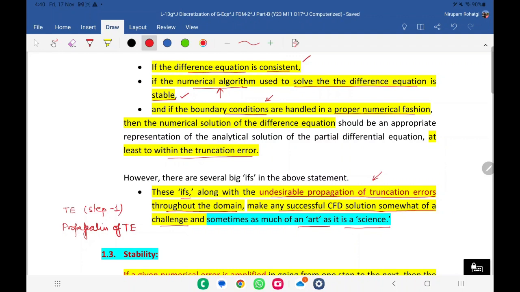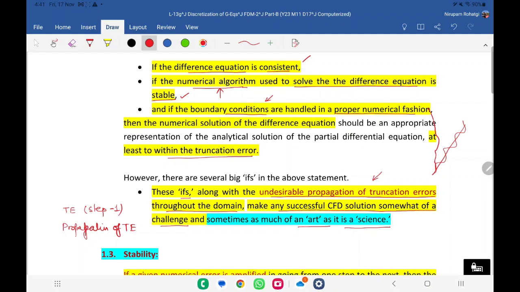So if this is the actual path of your solution, you are actually moving like this, near about. Sometimes you go left, sometimes you go right, sometimes left, sometimes right. So you are not very far off from the result. But if each time your error is on the same side, you are going to go much farther away from your solution.